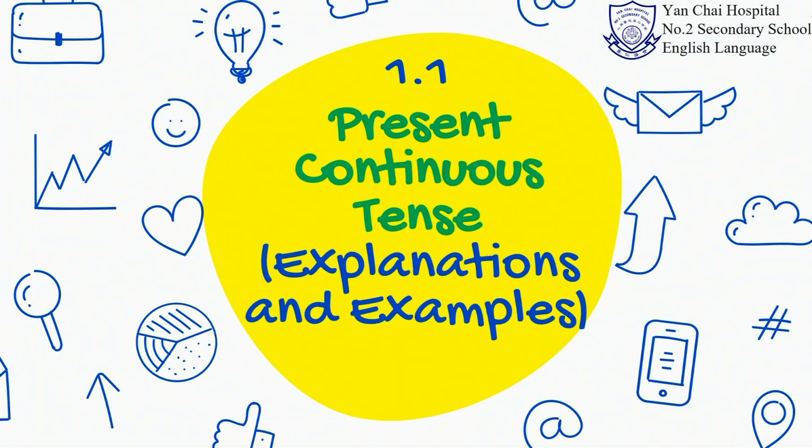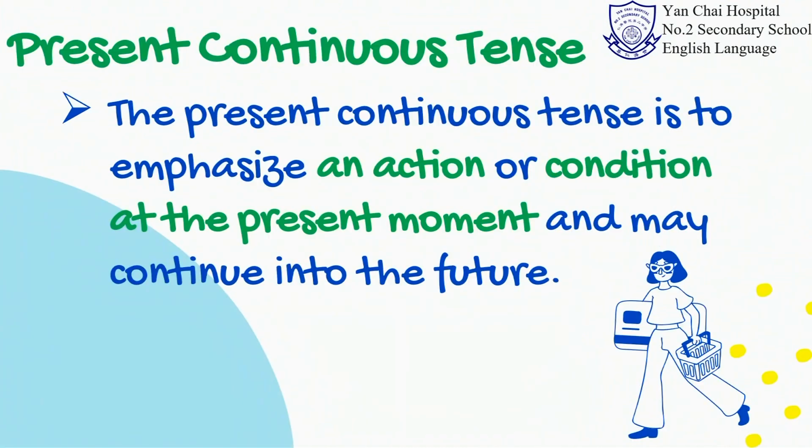Part 1.1 Present continuous tense. Explanations and examples. The present continuous tense is to emphasize an action or condition at the present moment and may continue into the future.